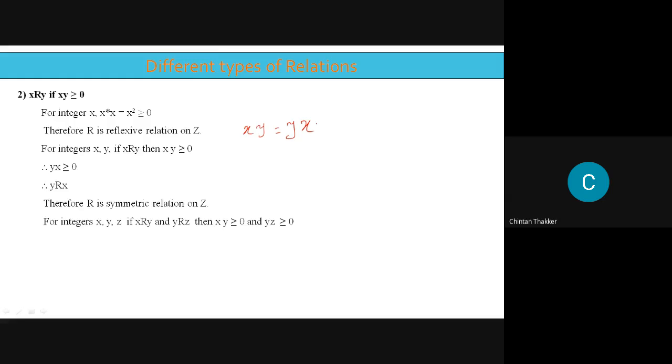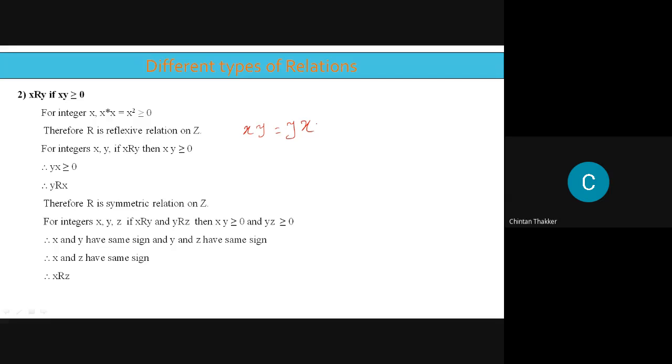So that gives you x and z have the same sign. So either x and z are both negative or both positive. So that means x into z is always greater than or equal to 0. Okay. So x into z is greater than or equal to 0. So that means x is related to z.